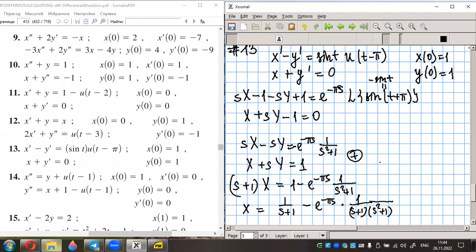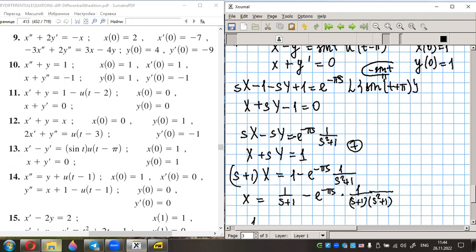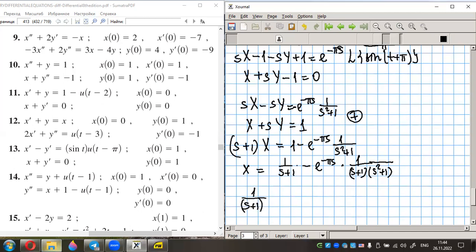And here we use the method of undetermined coefficients to write 1 over (s plus 1)(s squared plus 1) equals A over s plus 1 plus (Bs plus C) over s squared plus 1.